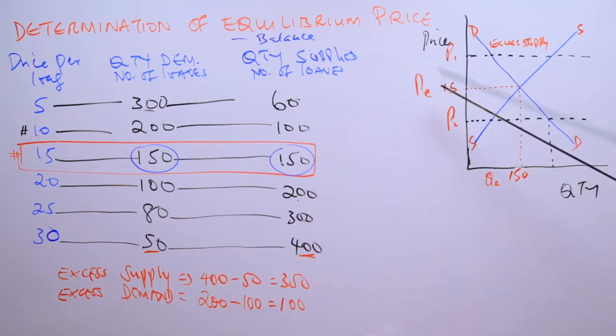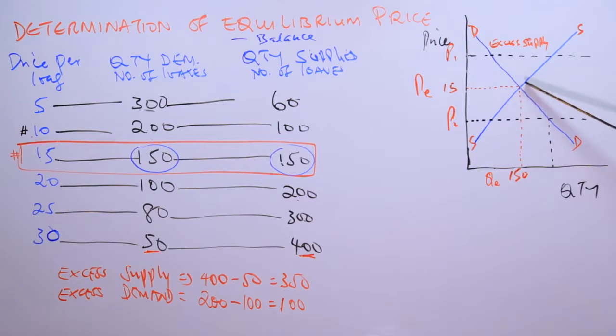Any price set beyond 15 shillings, there is excess supply, as shown in this diagram. Looking at the supply curve, any increase in price here, you can see this is the equilibrium.